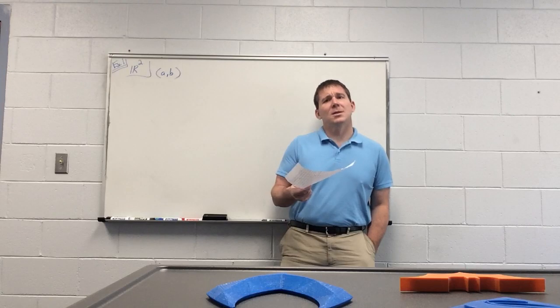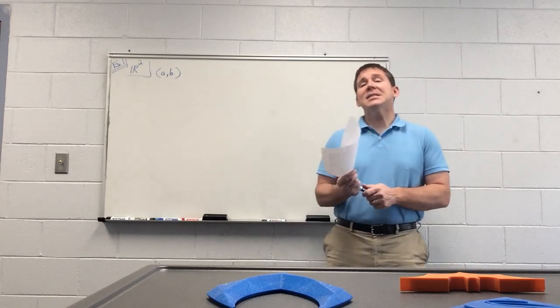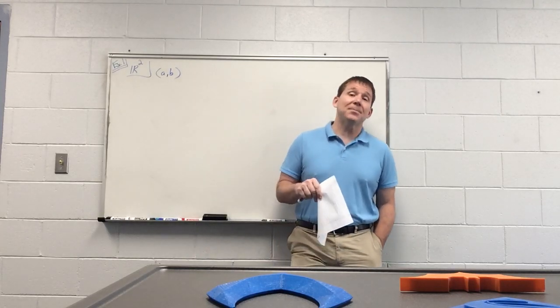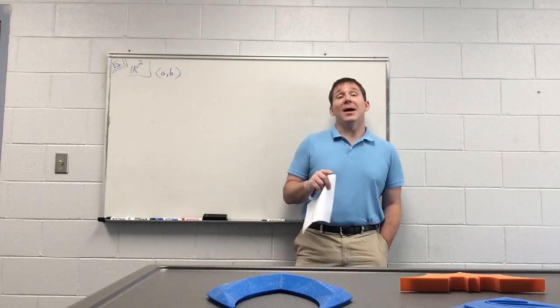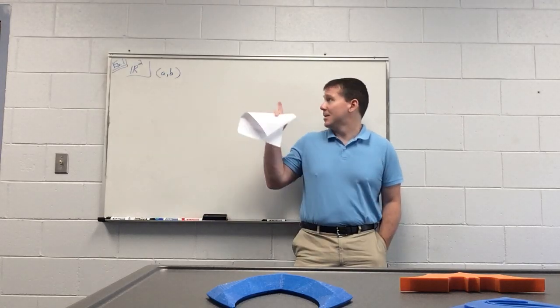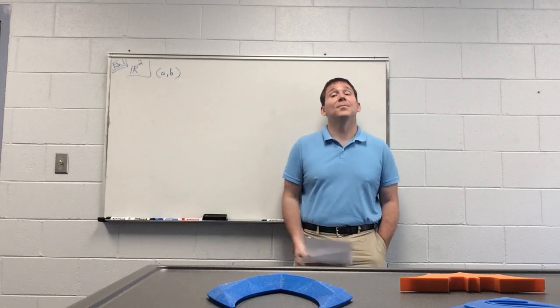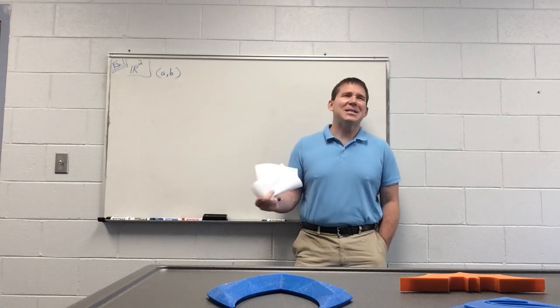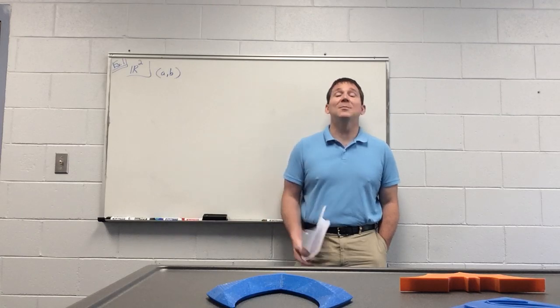Is it closed? Well, yes. In this case, and again, I do stress, your book points this out. If you are going to say that something is a vector space, you have to define the objects in that vector space, your set V, vectors in R2. You have to define what your scalars are. Again, general assumption, they're just going to be the real numbers.